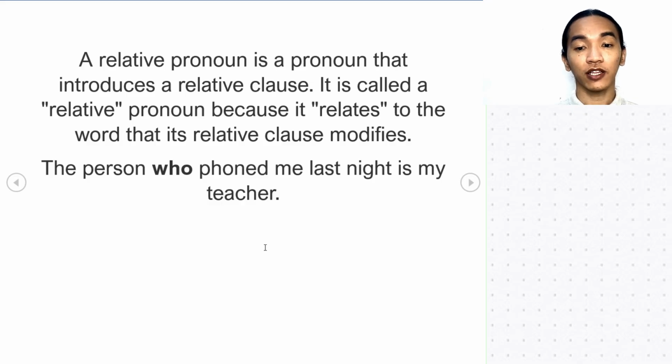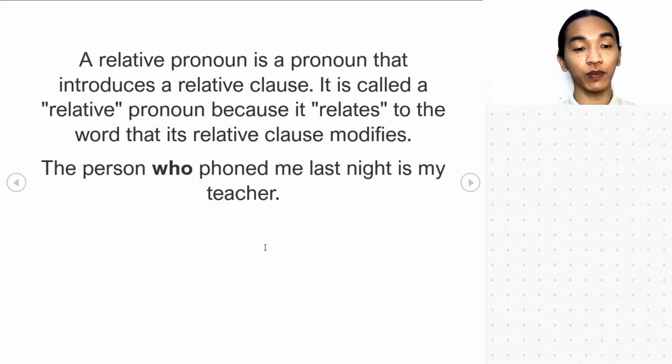So again, the person who phoned me last night is my teacher. Okay, so a relative pronoun introduces a relative clause, and a relative clause actually gives extra information, could be an important one or just like an accessory information for our sentence.